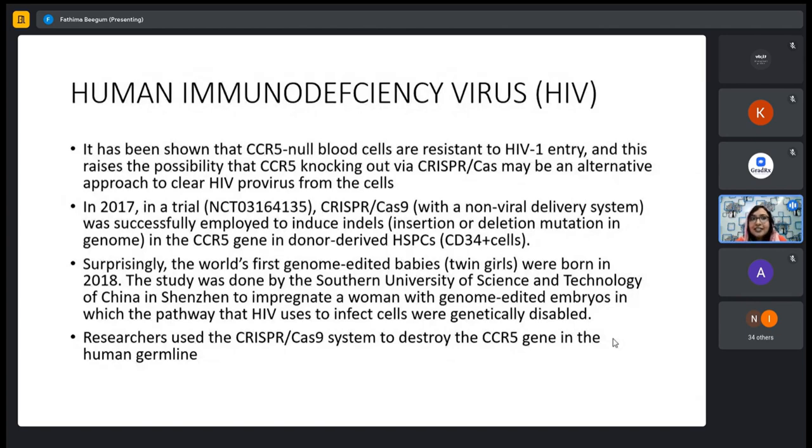The children were HIV resistant. But that study was not accepted because so many ethical issues arose, and one thing noticed is that among those twins, one of them also died at a young age.